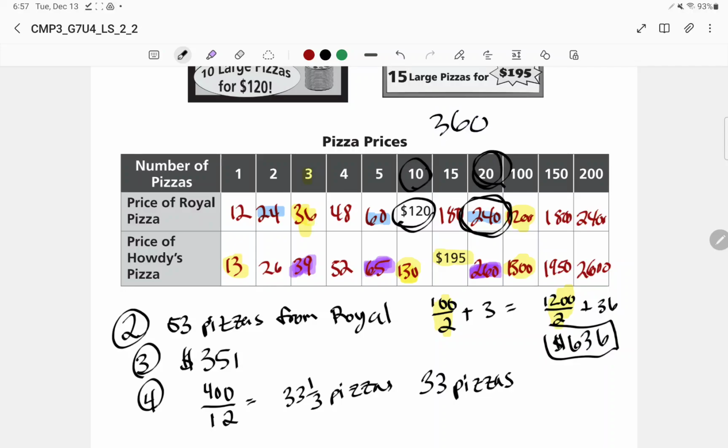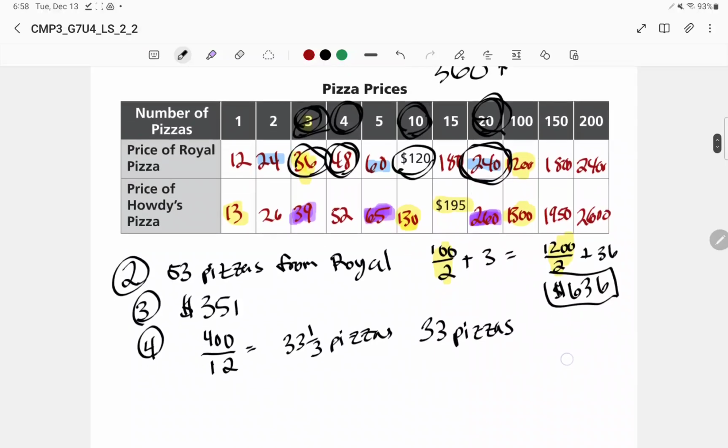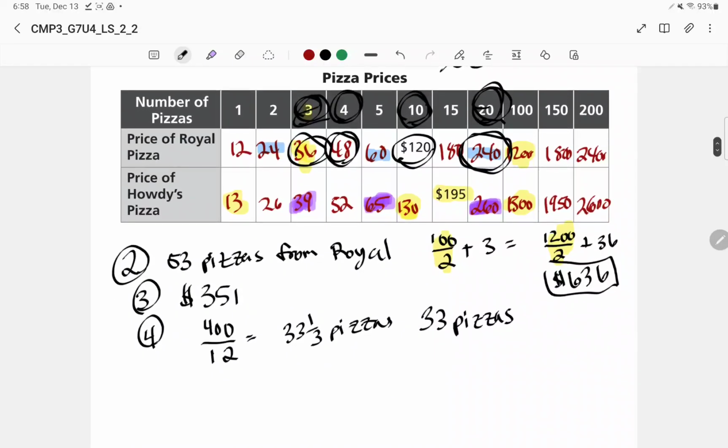So I have $40 left to spend. So I can't buy 4 pizzas because I don't have $48, and I can buy 3 pizzas because I have $36. So I can buy 3 more pizzas at the price of $36. So I bought 20, then 10, and 3, which is 33. So either way, you could do those using the rate table or understanding how much one pizza was.